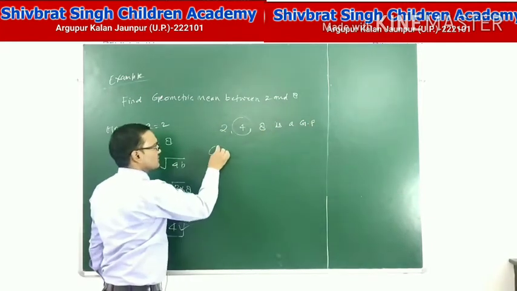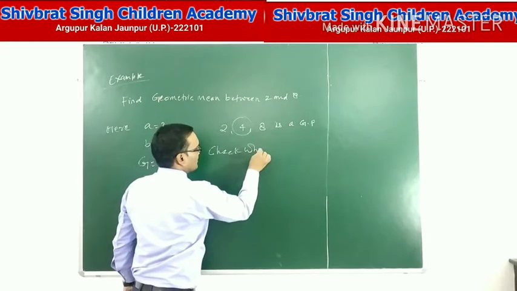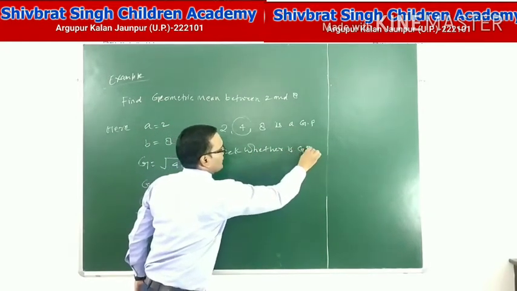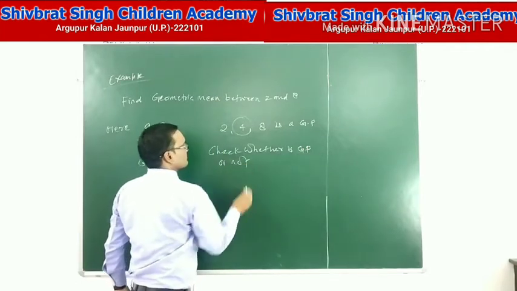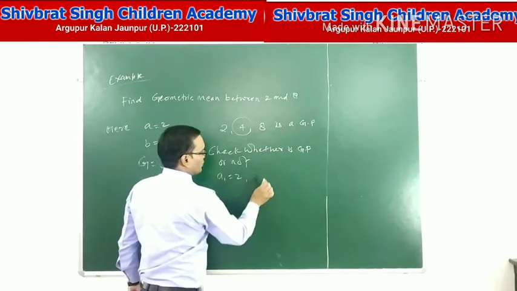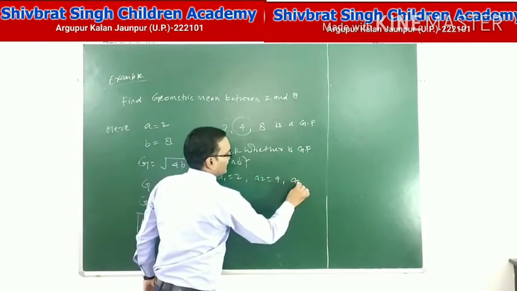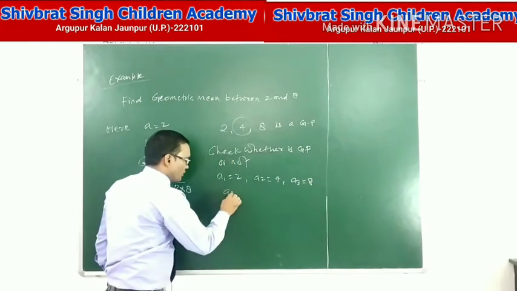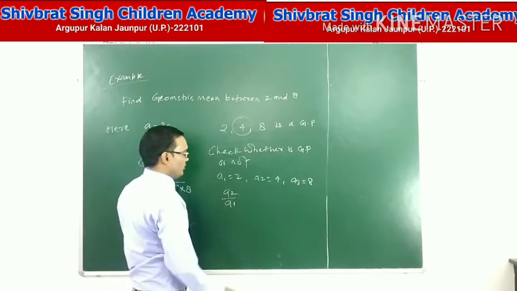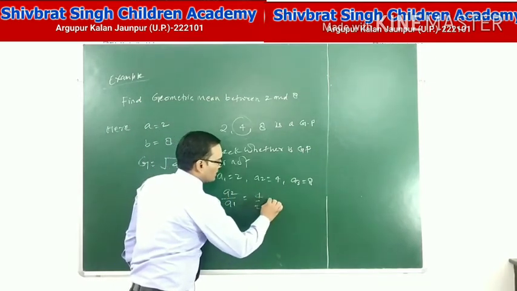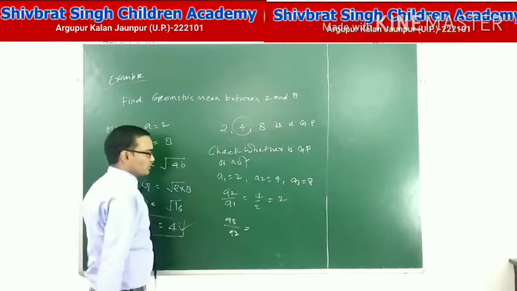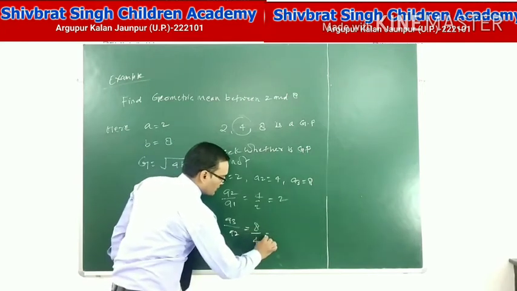Check whether this is a GP or not. We find the common ratio. Here a1 equal to 2, a2 equal to 4, a3 equal to 8. Then a2 upon a1 equal to 4 upon 2 equal to 2. a3 upon a2 equal to 8 upon 4 equal to 2.